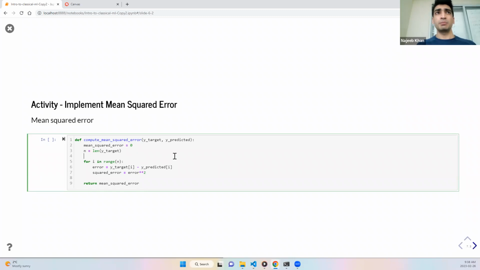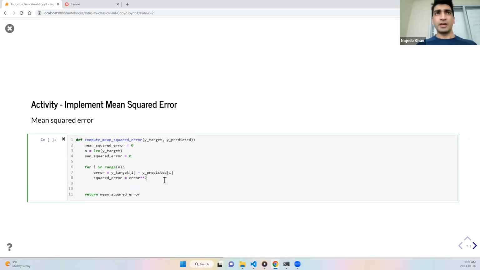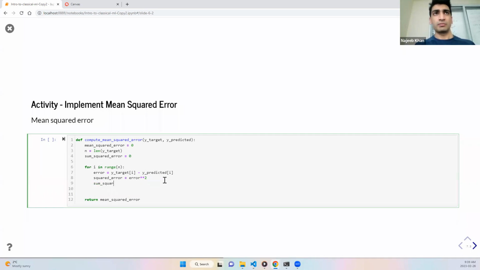For computing the mean, we will first compute the sum squared error. If this is equal to 0 in the beginning, we then continually add the squared error for each element.